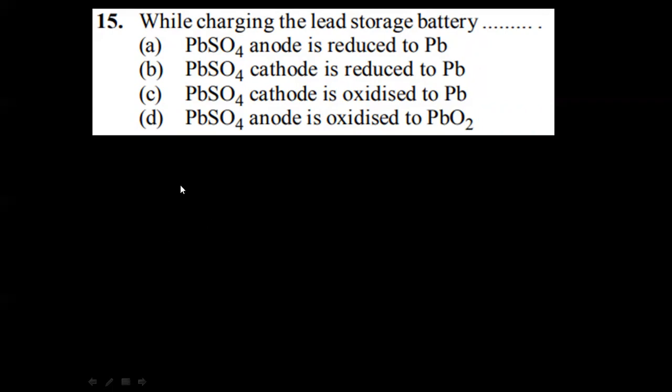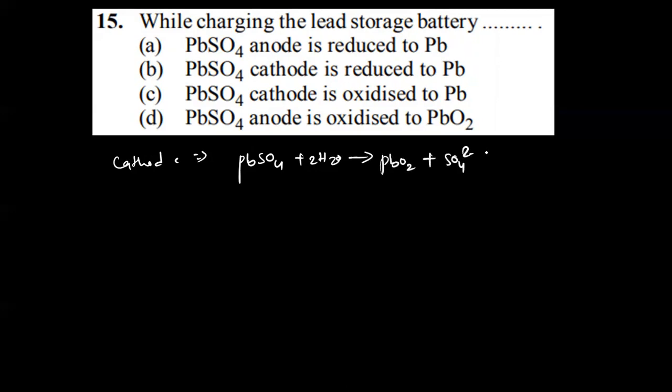Then we'll write the electrode reactions. So first I will write the cathodic cell reaction, that is PbSO4 plus 2H2O gives rise to PbO2 plus SO4 2 minus plus 4H plus plus 2 electron.